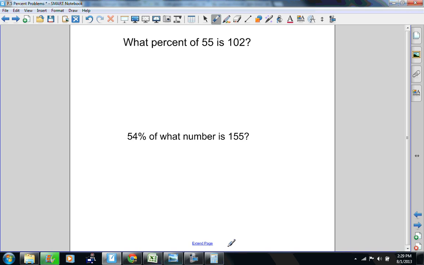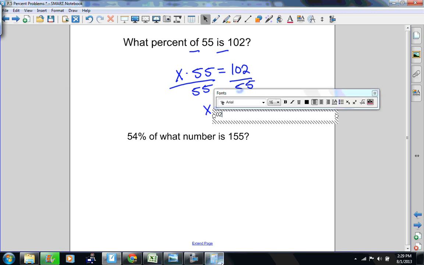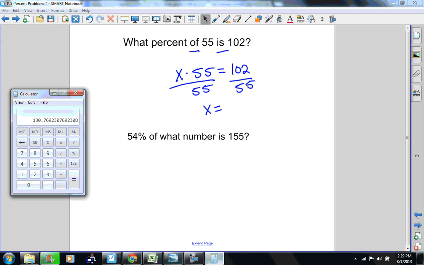Okay, this one was a little bit tricky, which is okay. "Of" and "is." So we get x times 55 equals 102. We have to divide by 55 on both sides. And so we get x equals... whoa, don't do that. 102 divided by 55 is 1.85.